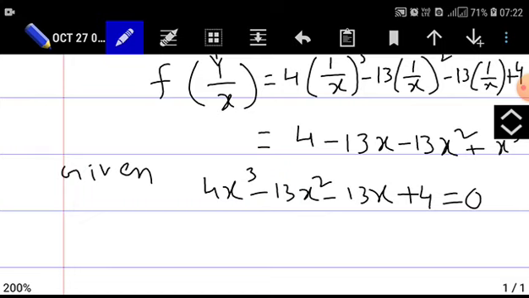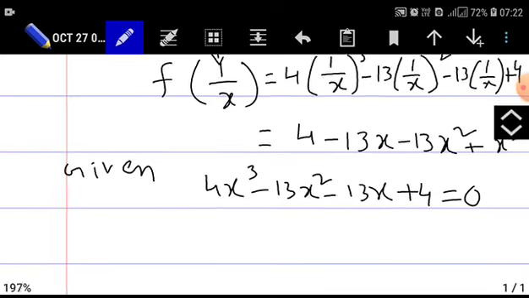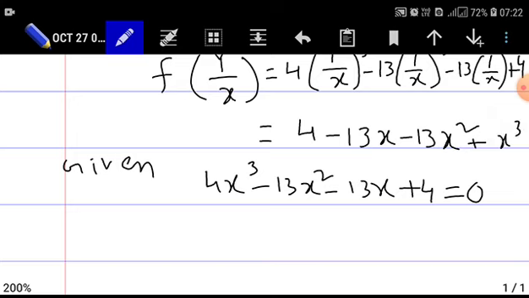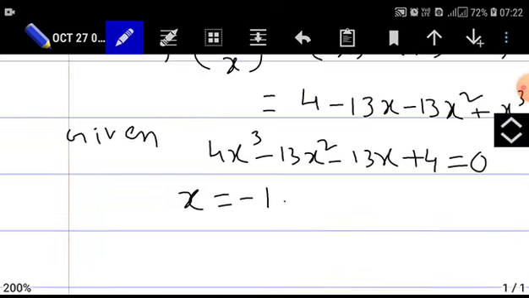First we have to check by random values, that if you substitute x equal to minus 1, whether the given equation's LHS is becoming 0 or not. So that we can identify by substituting x equal to minus 1.